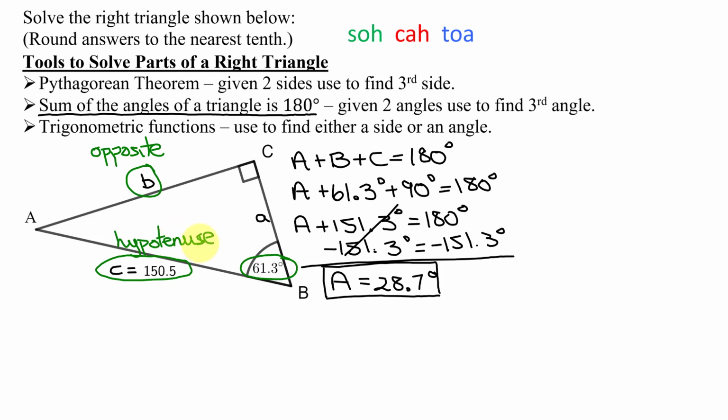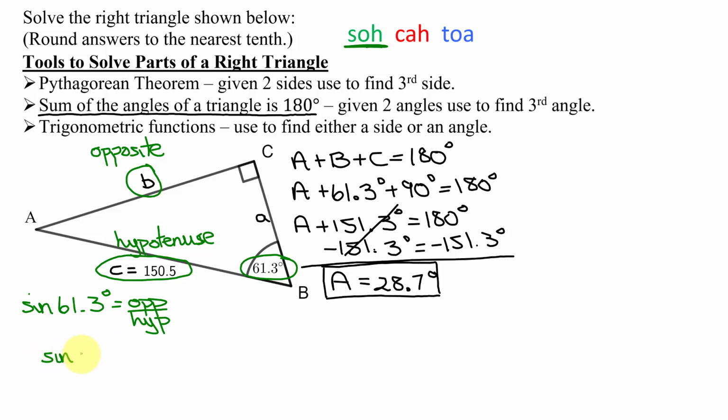And now I need to set up a trig function involving opposite and hypotenuse. As you can see, that comes from here. So I know the sine of angle B, which is 61.3 degrees, is opposite over hypotenuse.